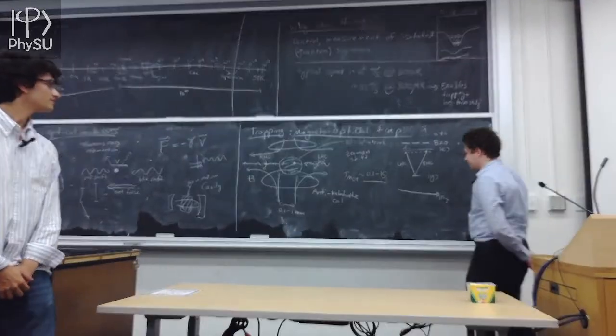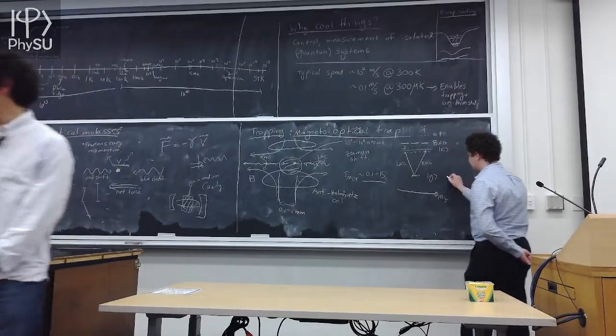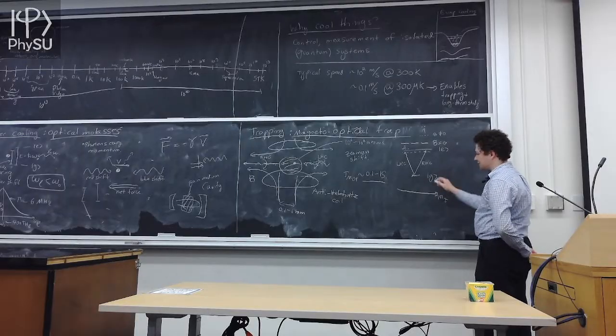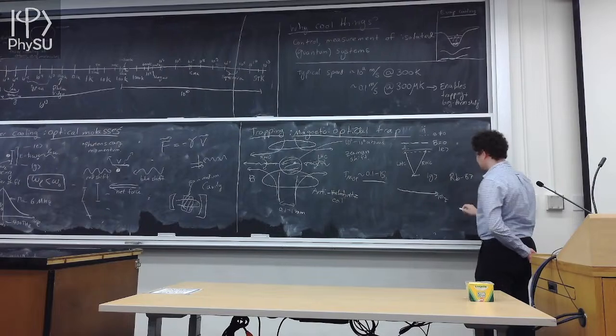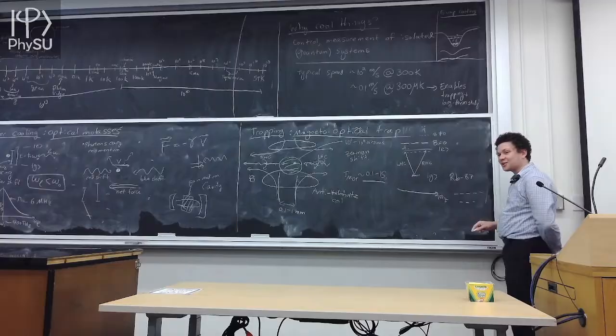Subdoppler cooling is something that kind of happens on its own, and it happens when you have atoms that have additional level structure in the ground state. For example, rubidium-87 is a very common isotope that people use for laser cooling, and its ground state has 8 different quantum levels.